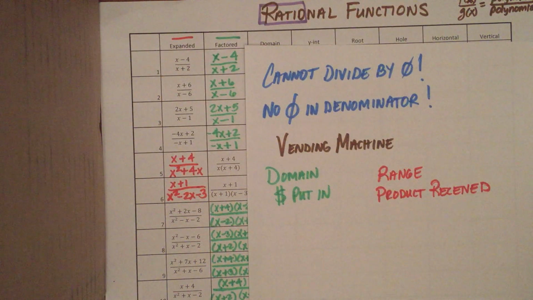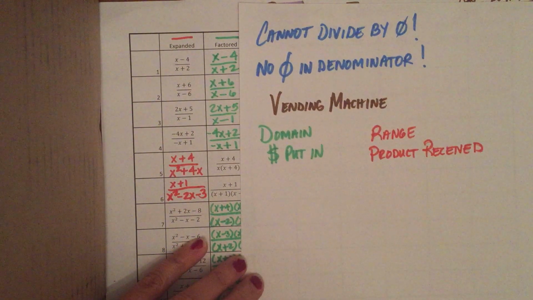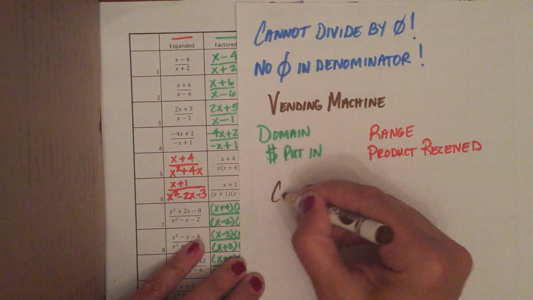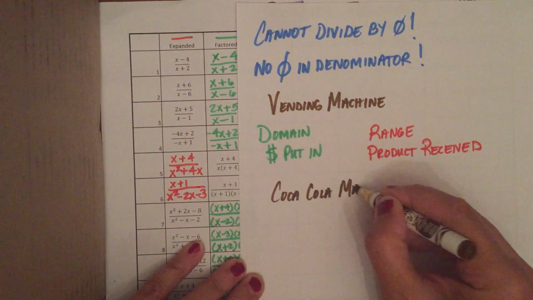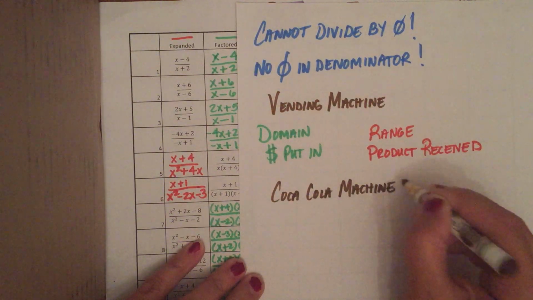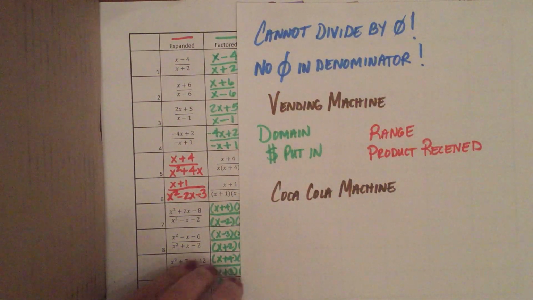So let's look at some simple vending machine examples. Let's say I have a Coca-Cola machine. If I'm looking at a Coca-Cola machine, what would be my domain? What can you input into a Coca-Cola machine?